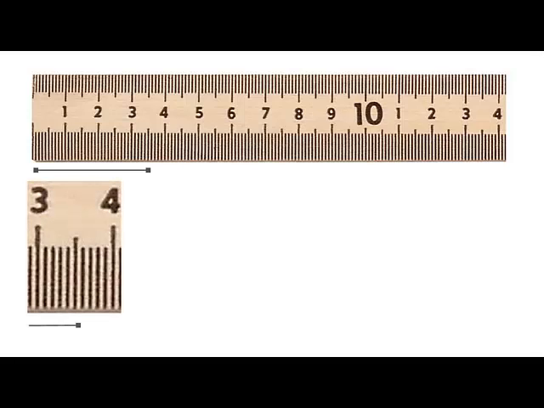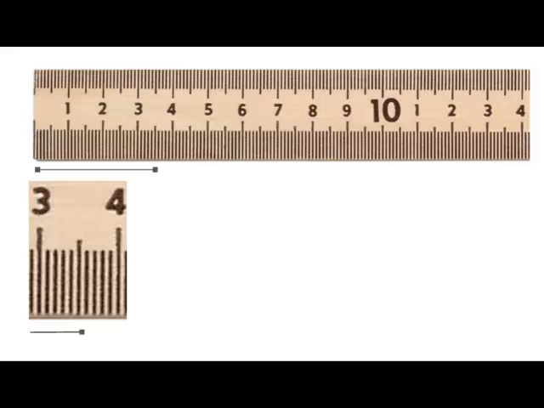Now I have a meter stick here, and I have a line drawn next to the meter stick, and it might be difficult to see, so I blew it up just a little bit. When I try to establish the length of this line, this becomes a question of how many meters and how many portions of a meter this line occupies.